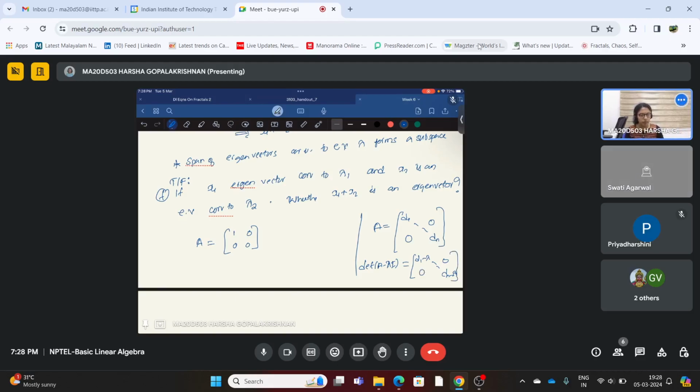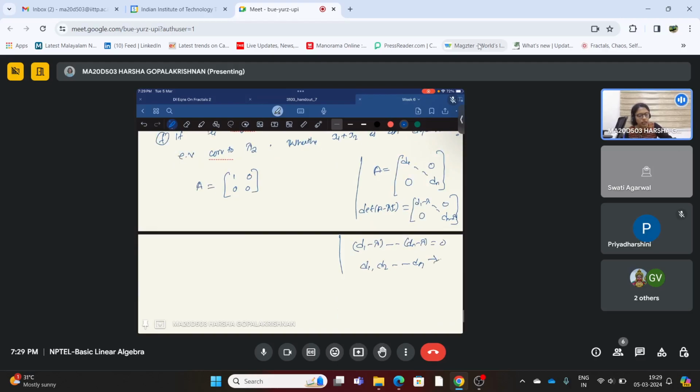So our equation will be (d1 minus lambda) to (dn minus lambda) equal to 0. The solutions are d1, d2, etc., dn. So for a diagonal matrix, the eigenvalues are the diagonal entries.